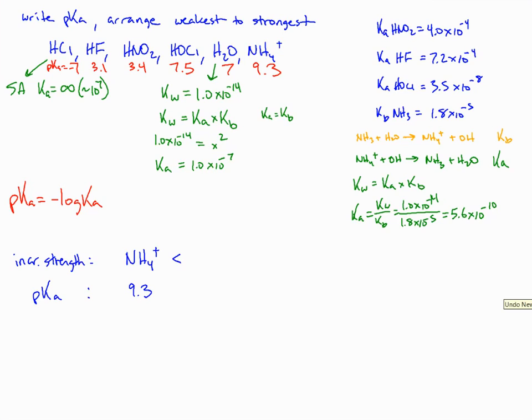So the next one, hypochlorous acid, HOCl, with the value of 7.5. Next up would be our water with a value of 7 for the pKa. Then nitrous acid with 3.4. Then hydrofluoric acid with 3.1. And finally, and this is almost like off the scale here, HCl with a pKa of -7.